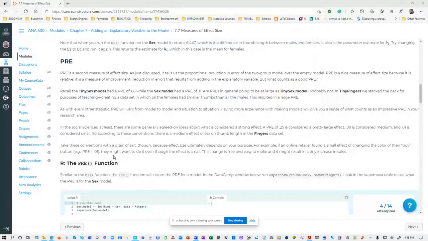So in the fingers data set, the effect of sex on thumb length is a medium effect.